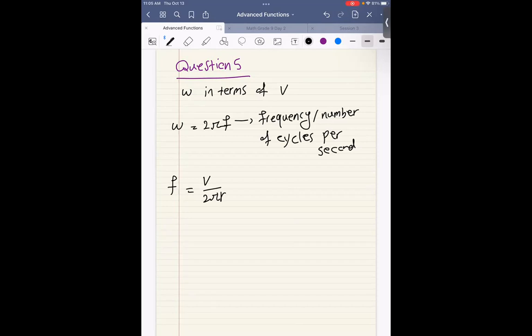Because 2 pi r is the distance for one cycle. Now, if you divide the linear velocity, that means distance per second, by the distance for one cycle, you get the number of cycles per second, right?